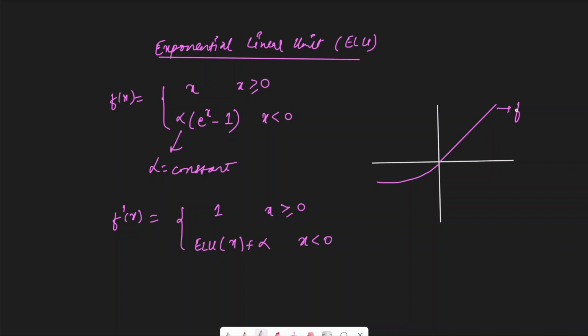So this one is for f of x, and for f dash x, the derivative of f of x would look something like this, and from here like that. So this is 1 when in the positive region, and like this kind of a curve when in the negative region. So this is for f dash of x. The pink one is for the ELU function and the blue one is for the derivative of the ELU function.